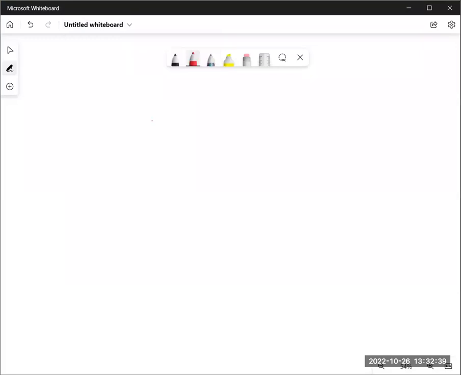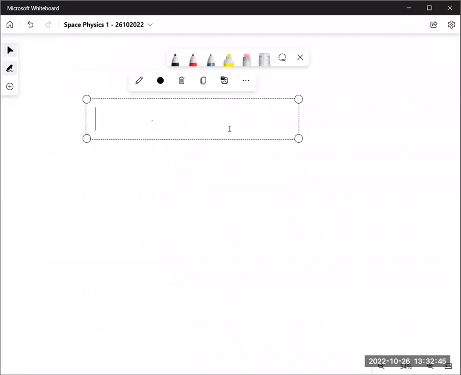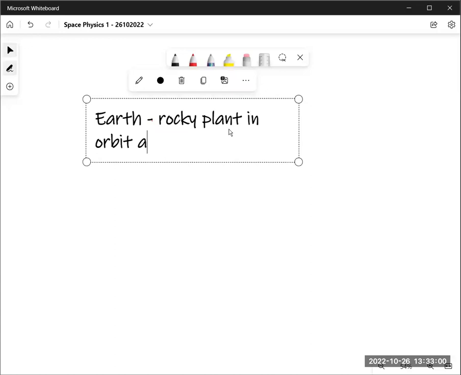First thing first, we're looking at the Earth, and we'll start with a few things. What is Earth? Well, Earth is basically a rocky planet in orbit around the sun.